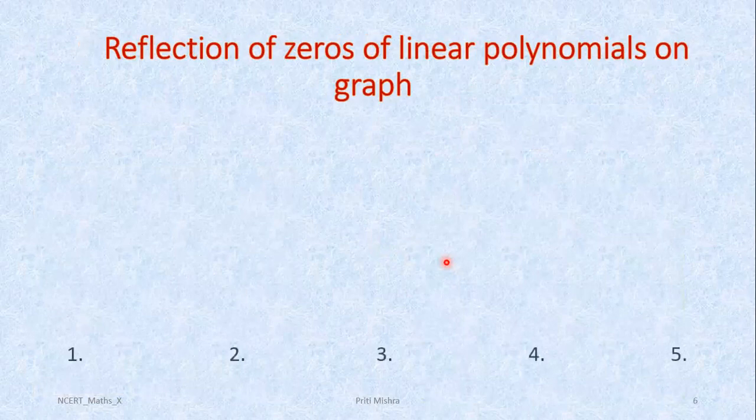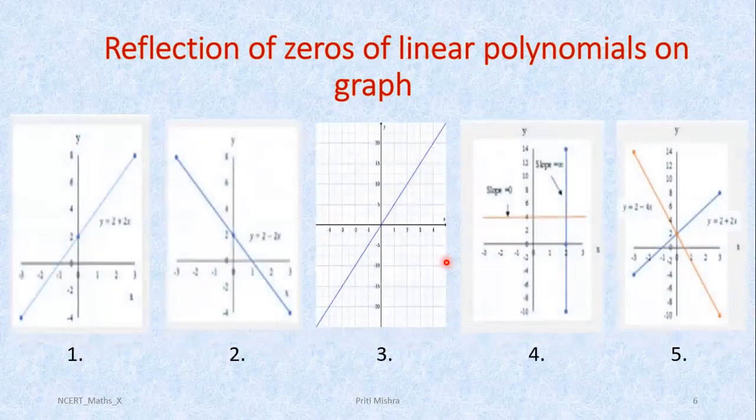For making it clear, I am showing you 5 types of linear polynomial graphs, though we can have infinite types of different graphs for thousands, for lakhs of linear polynomials. I am going to show you only 5 to make it clear about zeros. So let's have, yeah, you can see 5 different graphs.